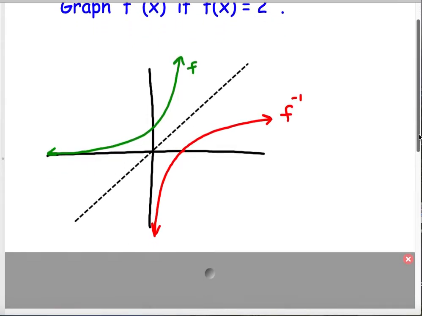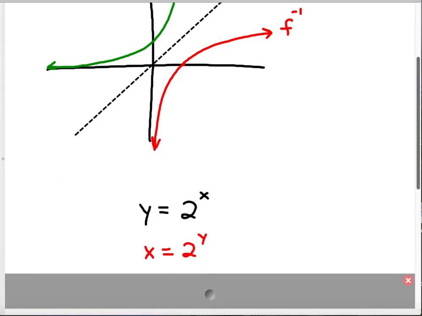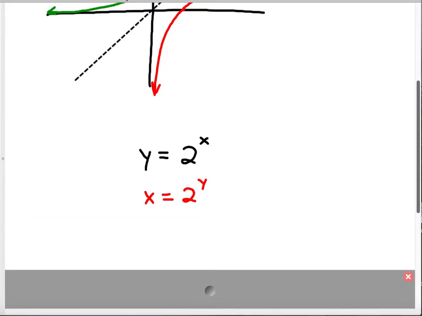Now, if we were doing it algebraically, we take y equal 2 to the x, and we switch all the x's and the y's, and then we solve for y. But herein lies the problem. How do we solve this for y? So we have this new function called the log function, and for short we just write log, and the base of our exponent is 2, so our log is going to be of base 2 of x.